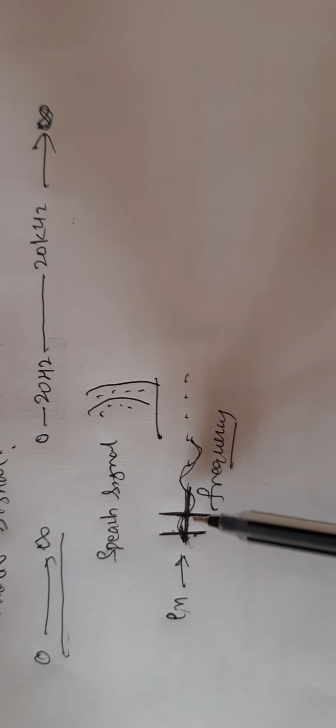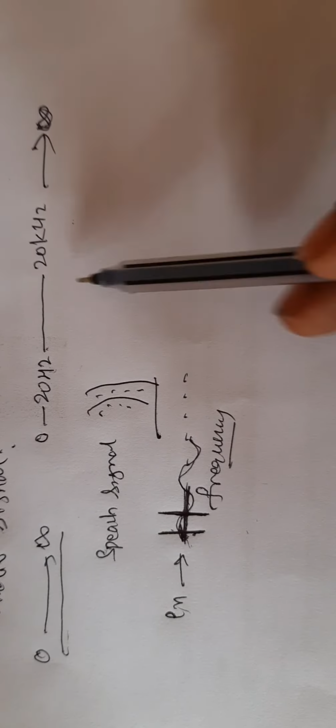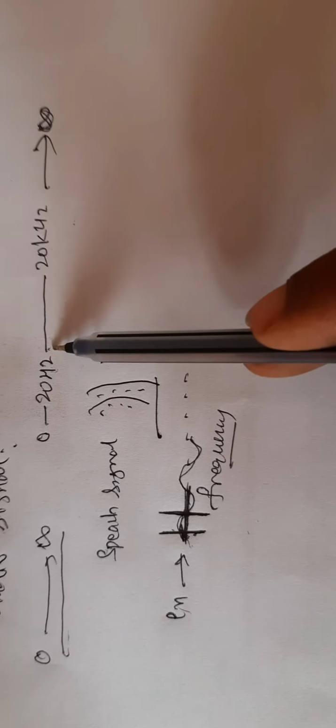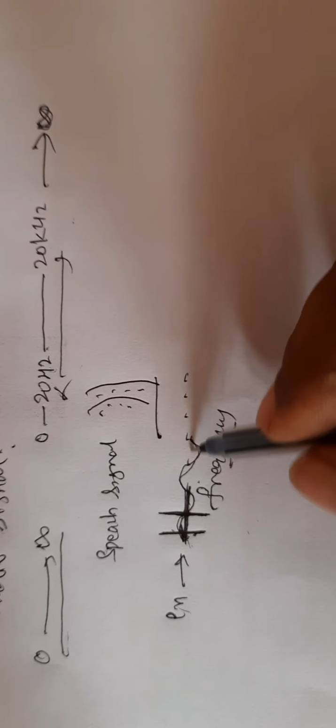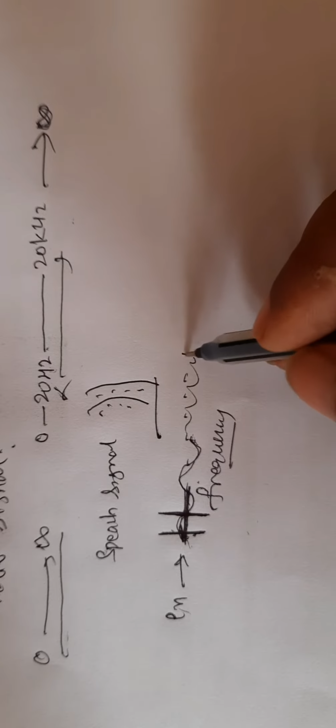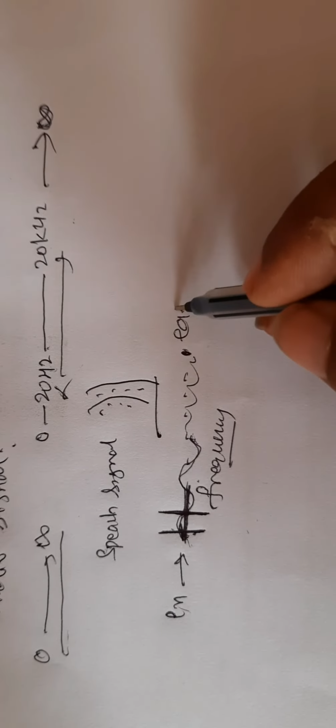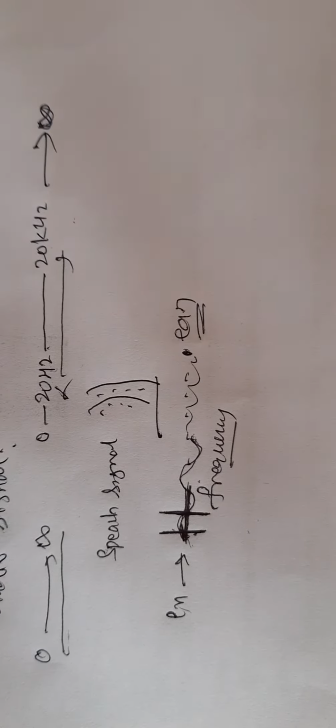If the number of waves in 1 second is from 20 hertz to 20 kilohertz, when this energy signal hits the human ear, you can hear the sound.